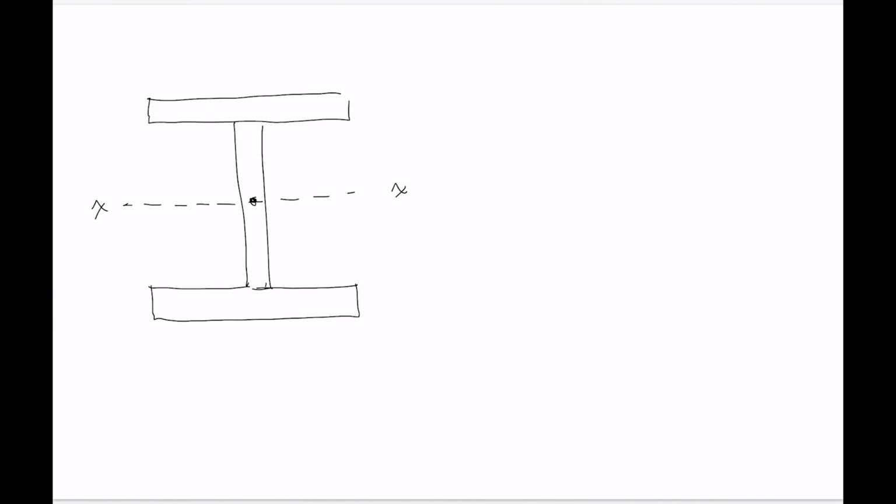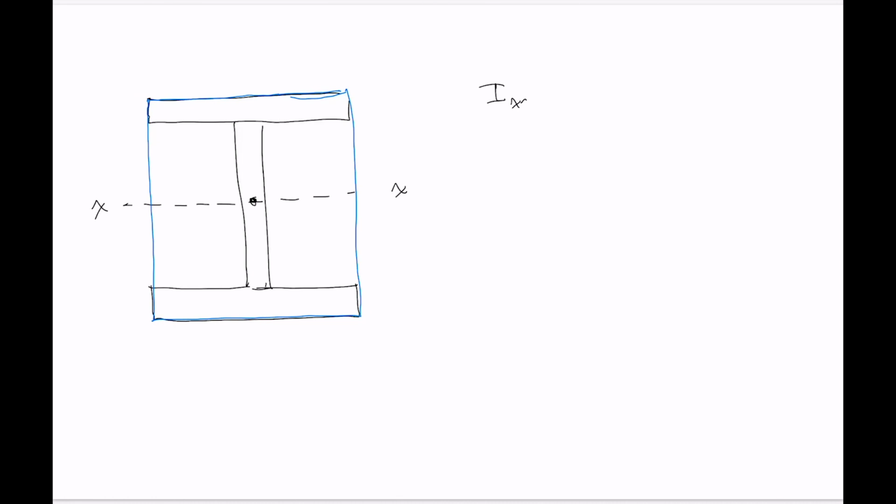Let's do that. So for example, instead of just taking the top pieces as shape 1, we could take the whole outside as one rectangle and calculate the moment of inertia for that.